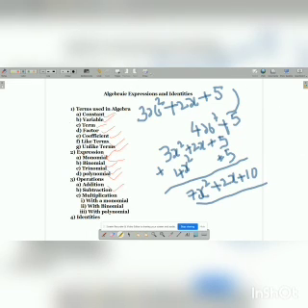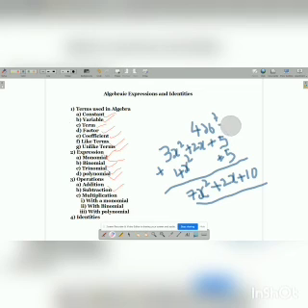The same, if I take it in a horizontal way. First write all the like terms at one place.